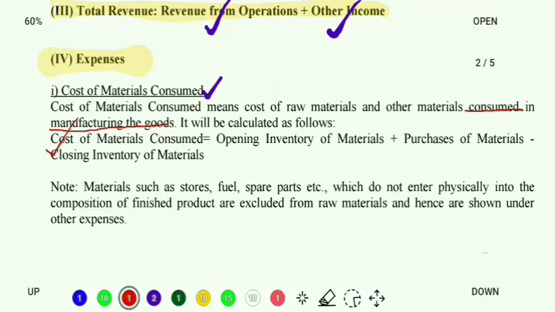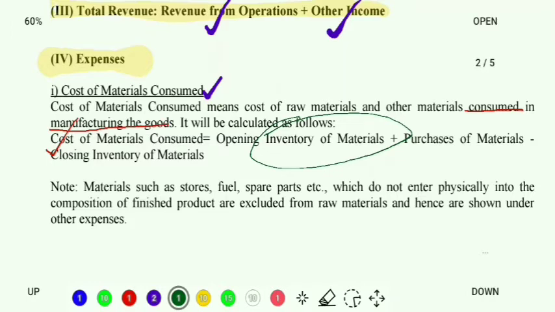In common language, the cost of material consumed is opening balance plus purchases less closing balance. And the balance that we are talking about here is the inventory of materials, stock of materials. What was my opening balance of materials? How much have I purchased during the year? Less closing balance of materials.